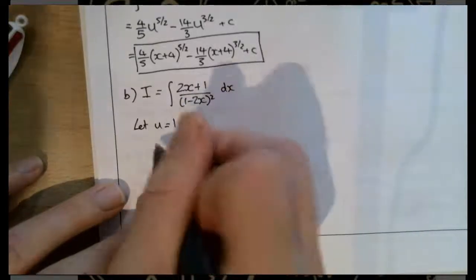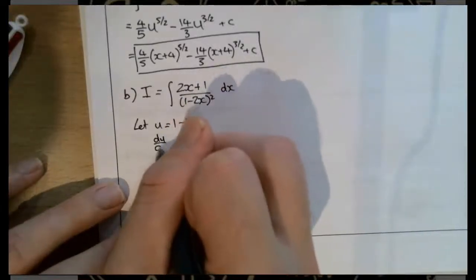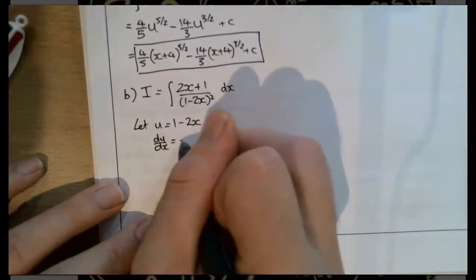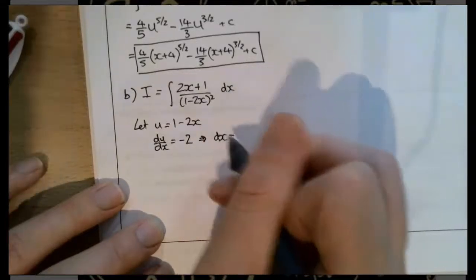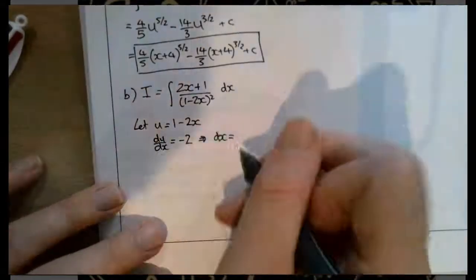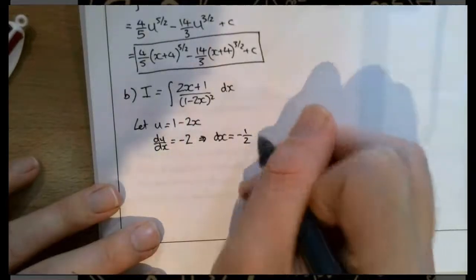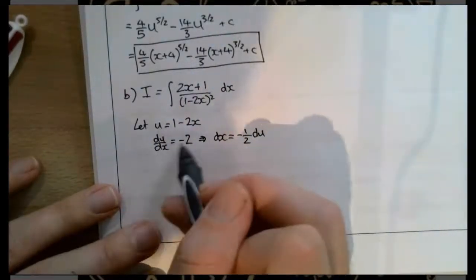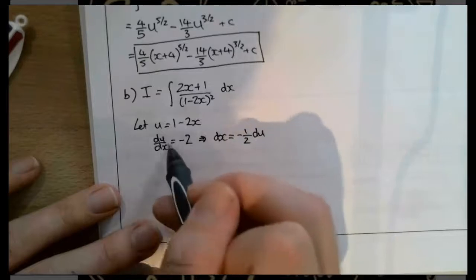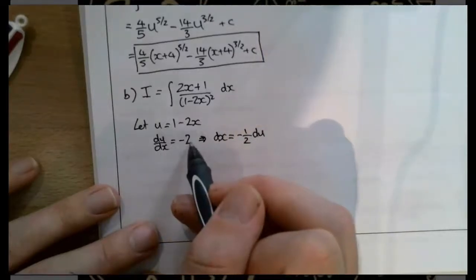What is dx? Well, du by dx is minus 2, so dx is minus a half du. Think about that for a second. Multiply both sides here by dx. Du is minus 2 dx.